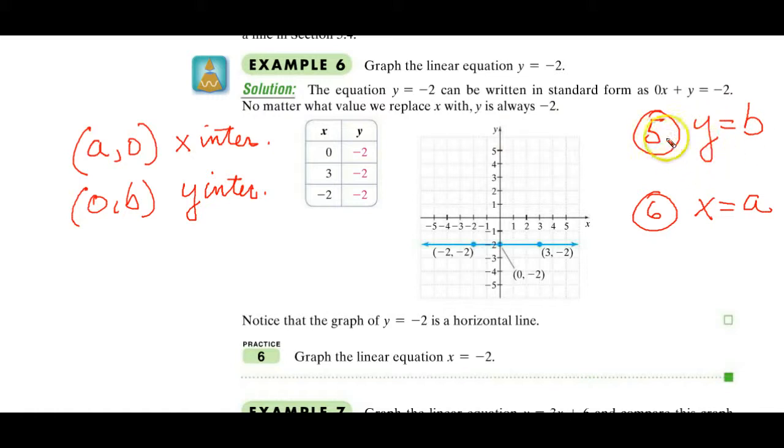When you see the special form of this equation right here, y equals b, it's telling you it's going to be a horizontal line going through your y-intercept right there. And for this one, x equals a is a vertical line going through your x-intercept at -2.